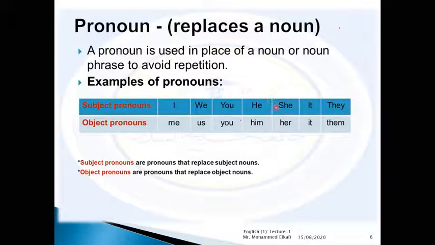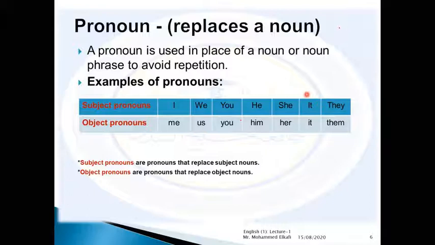She. Instead of a girl or a woman, or the name of such kind of person. So we use she to replace Muna or Sarah or girl or woman generally.